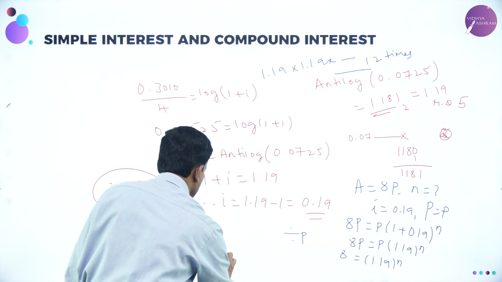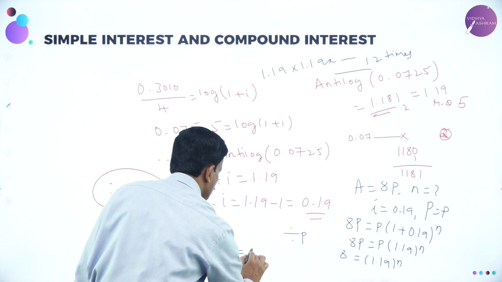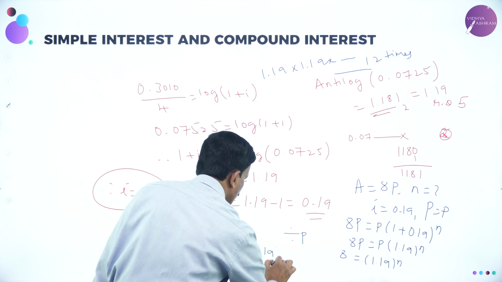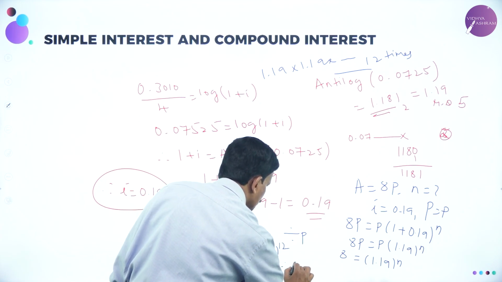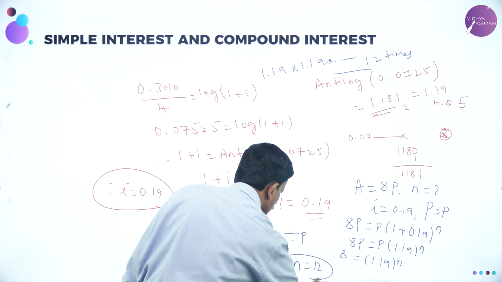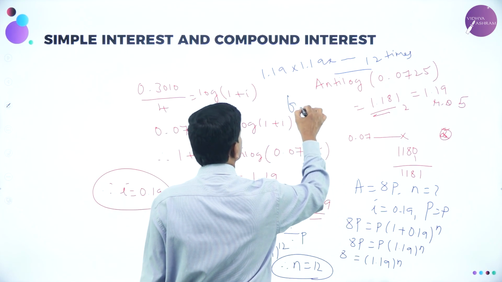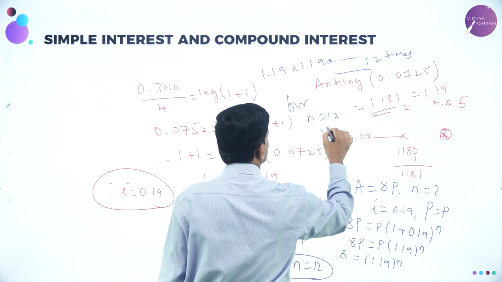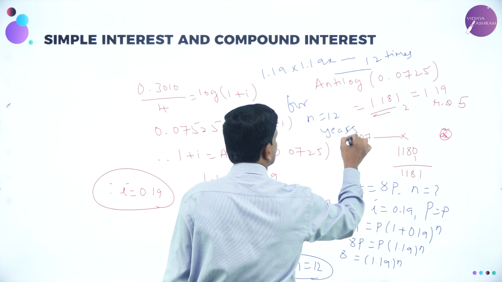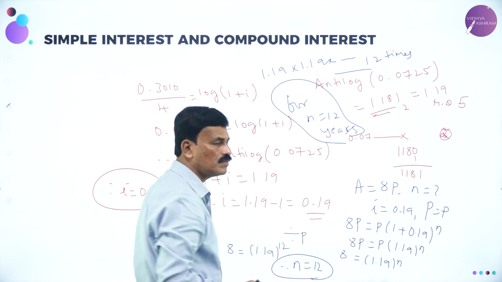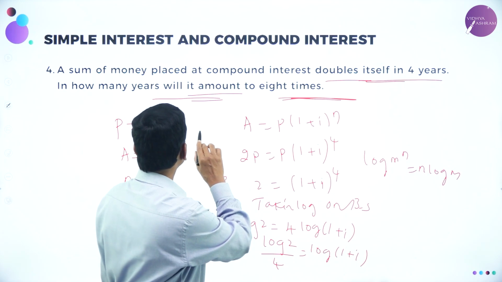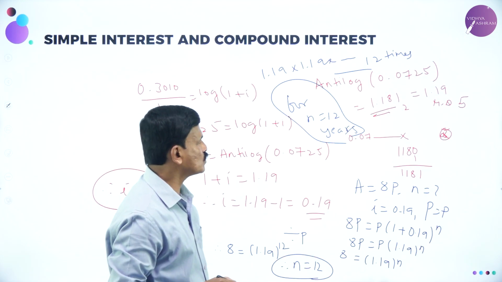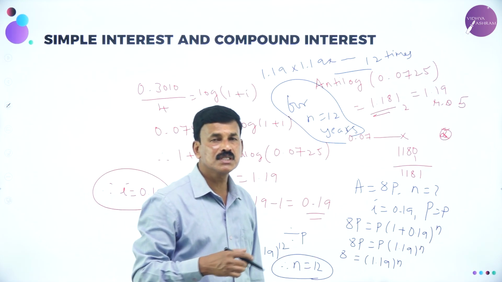So 8 is equal to 1.19 to the power of 12. Therefore, the value of N is equal to 12. So in 12 years, the amount will become 8 times the principal.